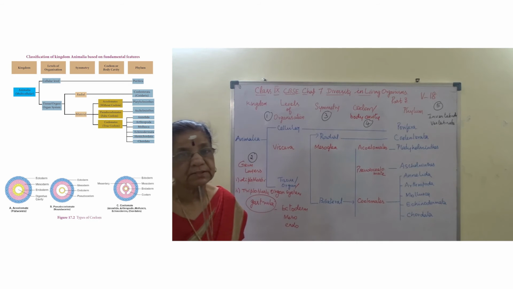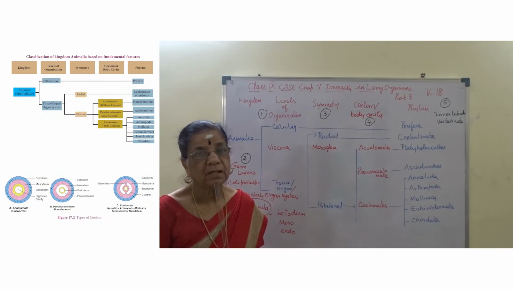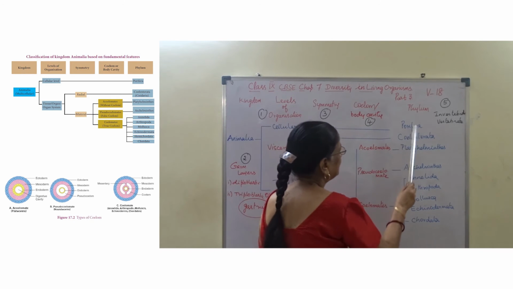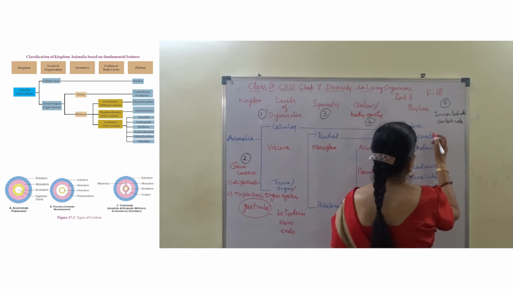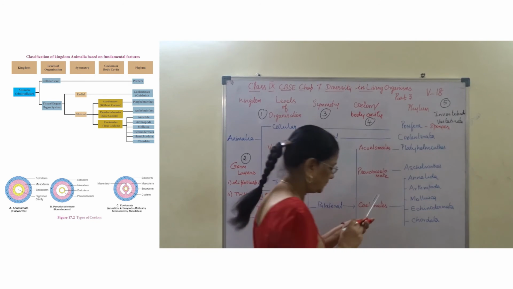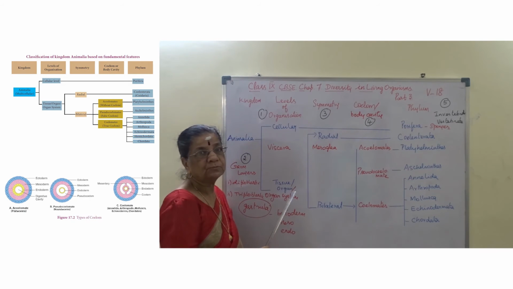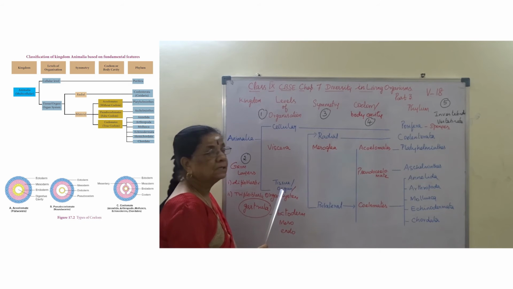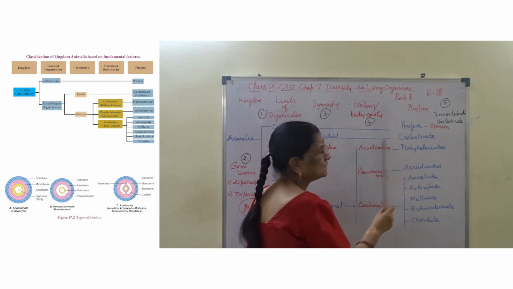Animals are classified into different phyla. Phylum singular, phyla plural. So this is phylum Porifera. Example, sponges. And then next one, it is tissue grade of organization, diploblastic, radial symmetry. Animal with the diploblastic and radial symmetry, phylum Coelenterata.